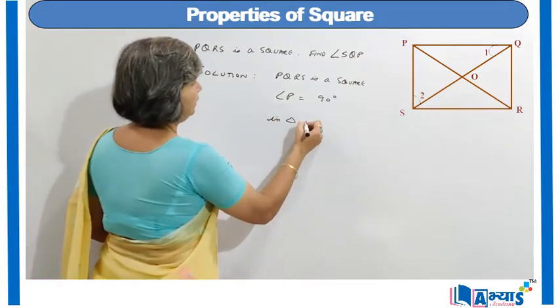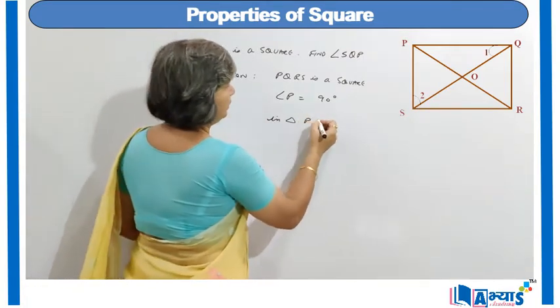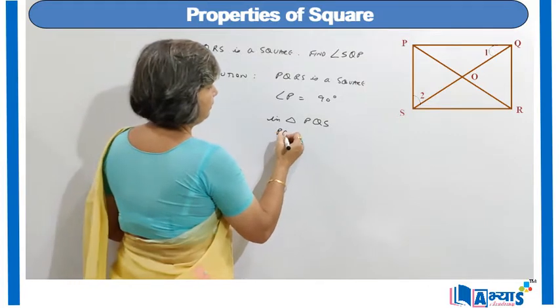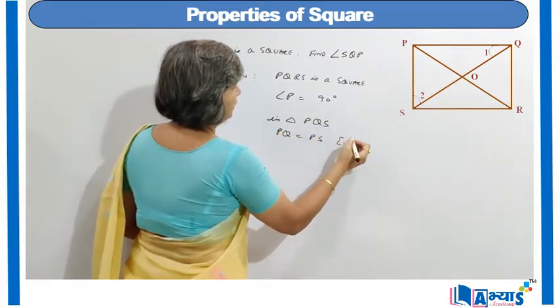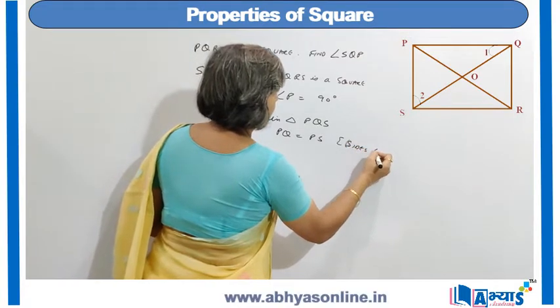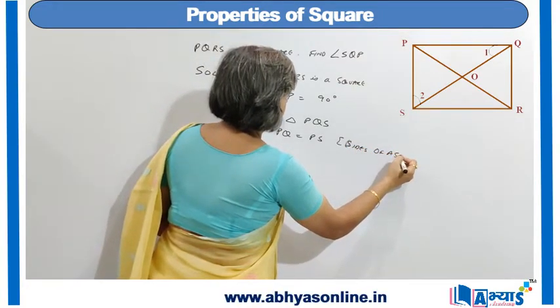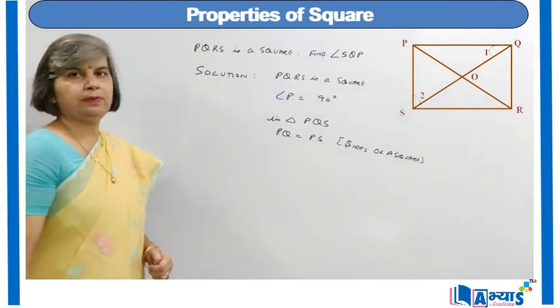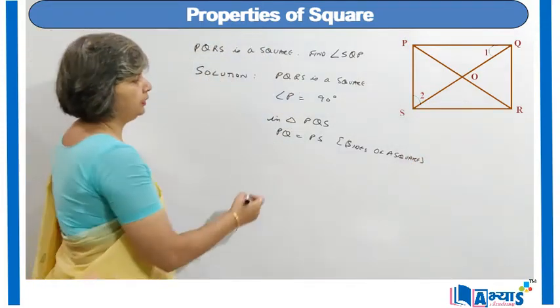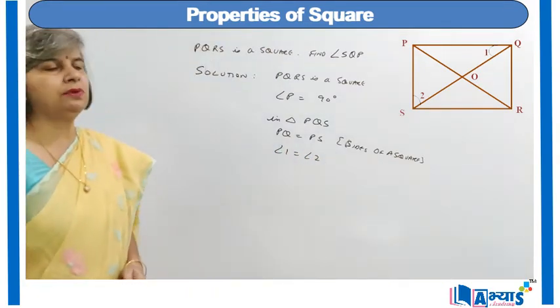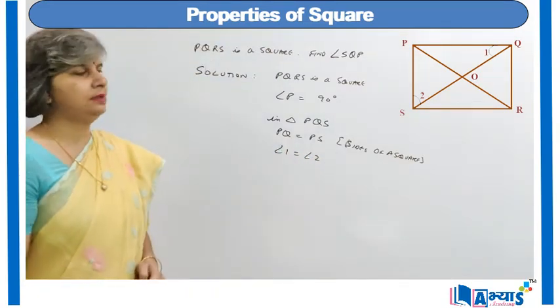triangle PQS, PQ is equal to PS, adjacent sides of a square. Now as PQ is equal to PS, therefore angle 1 is equal to angle 2, because when the sides are equal, the angles opposite to equal sides are also equal.